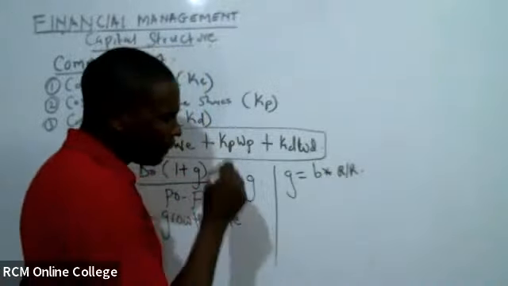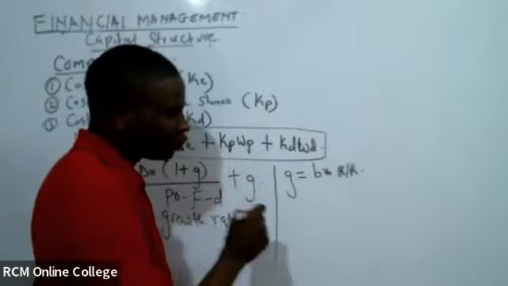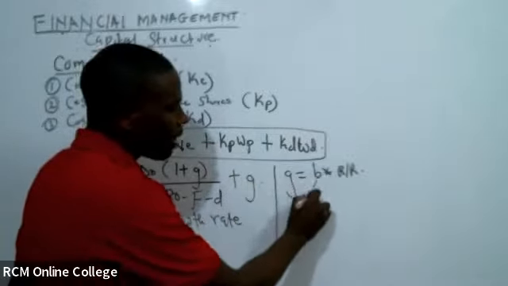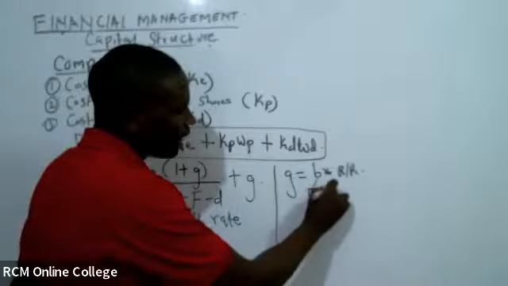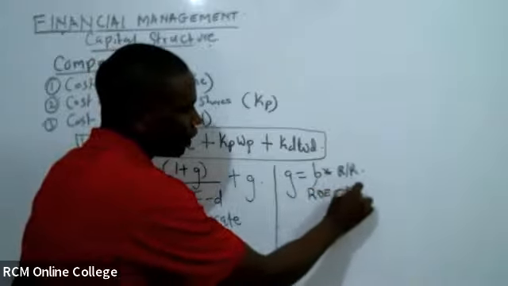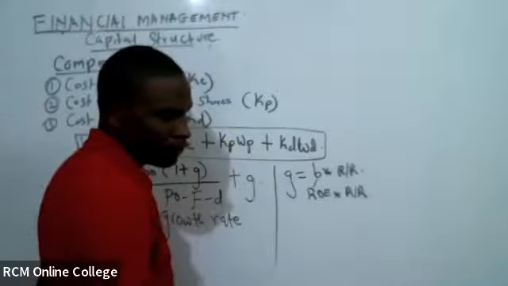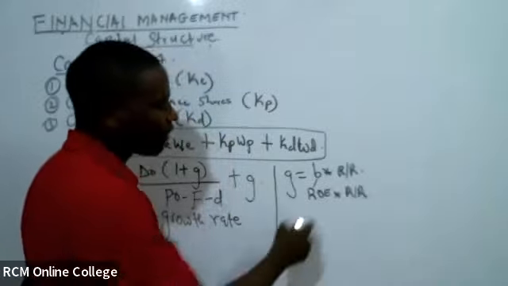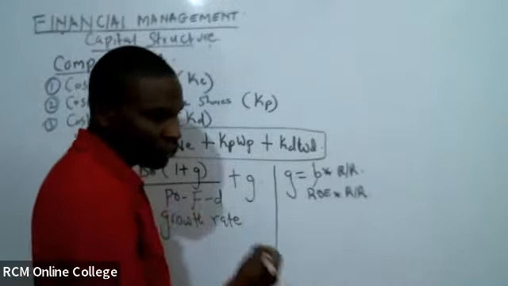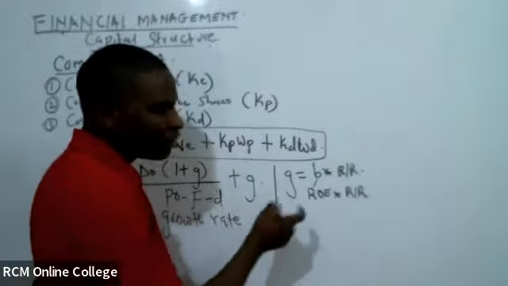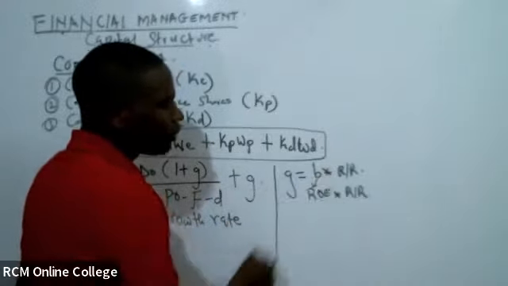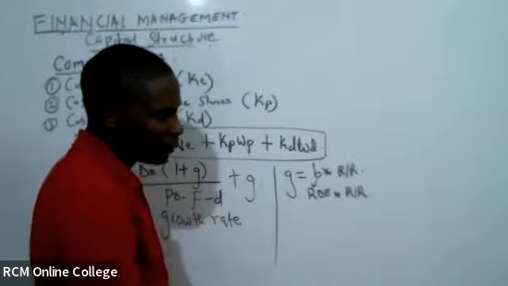You see, B times retention ratio. How do we get B? Remember, B is our return on equity, and then we have the retention ratio. So in that instance, you are going to get your growth.